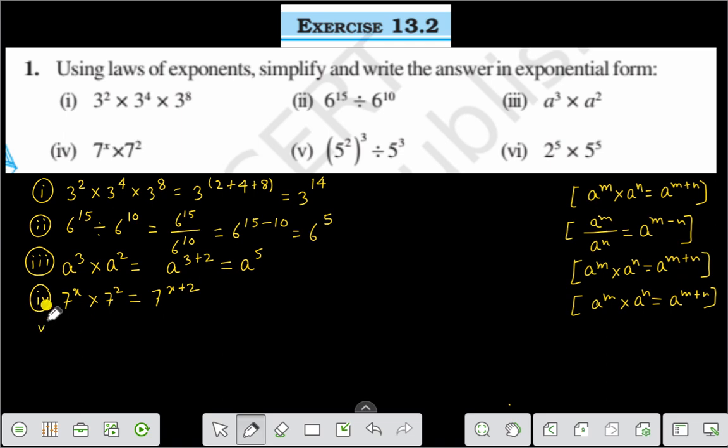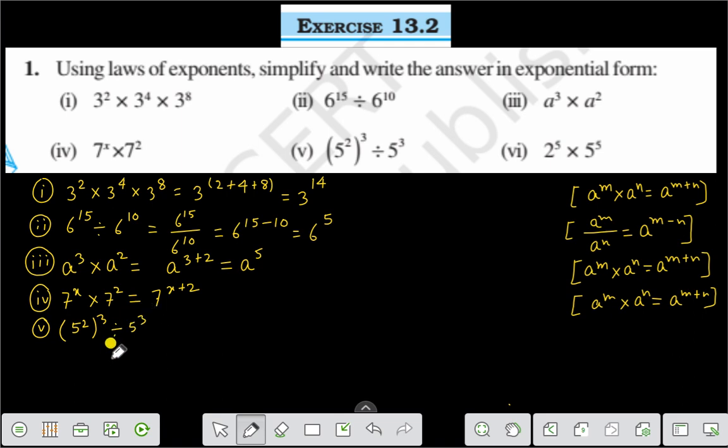Now question number 5 is 5 to the power 2, whole to the power 3, divided by 5 to the power 3.